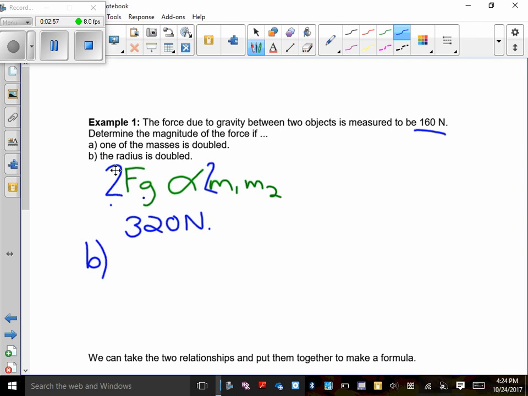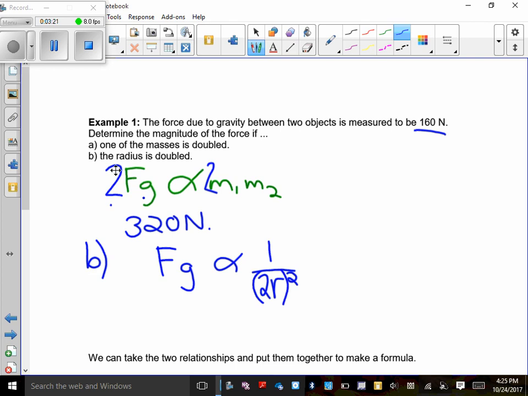The radius is doubled. Well, we said that FG is proportional to 1 over r squared. Now we have the radius doubled. So what we have done is we have taken r, and instead of r, we actually have 2r, but it's all squared.